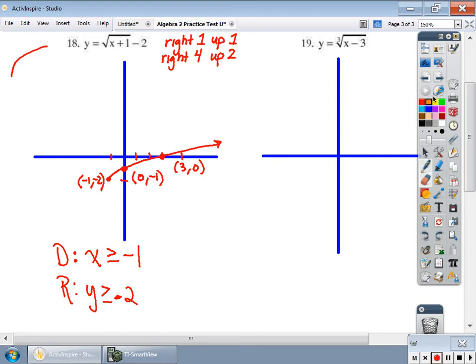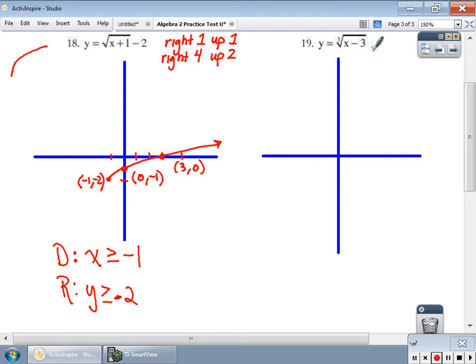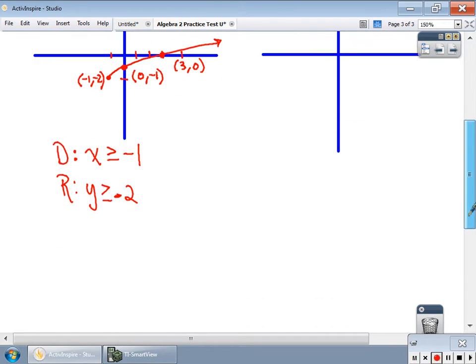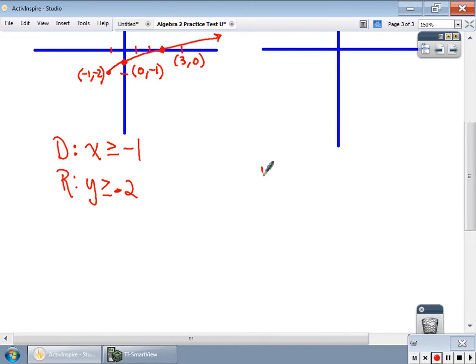Now, for the cube root, which this is, y equals the cube root of x minus 3, what you need to remember is the pattern, and we'll write the pattern. We'll scroll down a little bit. For the cube root, you go right 1, up 1. Notice that's the same as the square root.